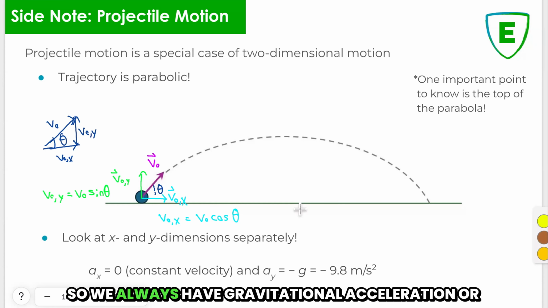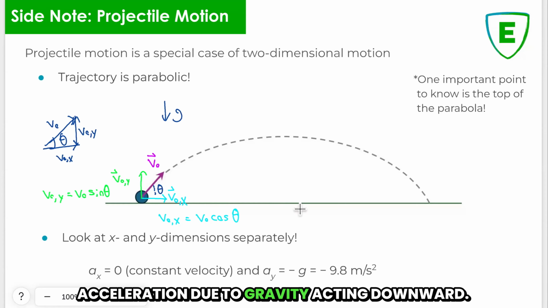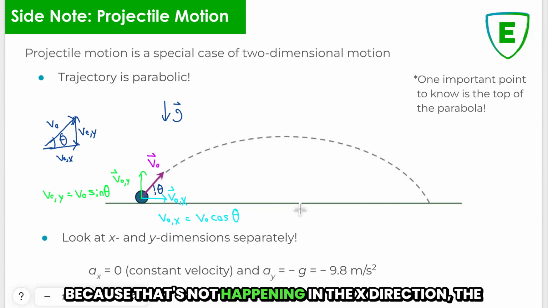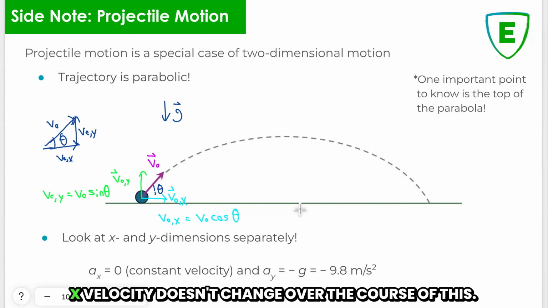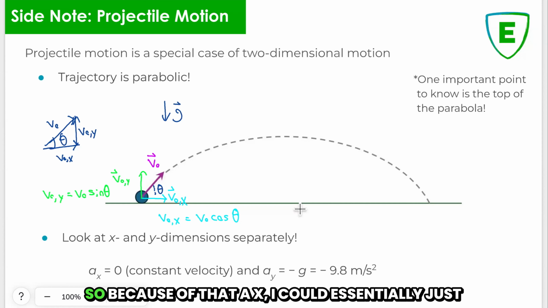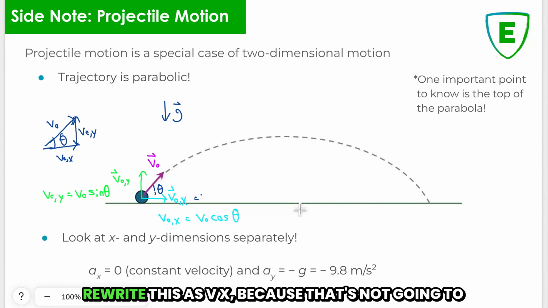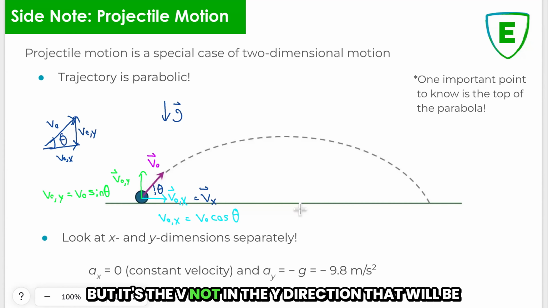So we always have gravitational acceleration, or acceleration due to gravity, acting downward. Because that's not happening in the x direction, the x velocity doesn't change over the course of this. So because ax is zero, I could essentially just rewrite this as Vx, because that's not going to change, but it's the velocity in the y direction that will be changing.